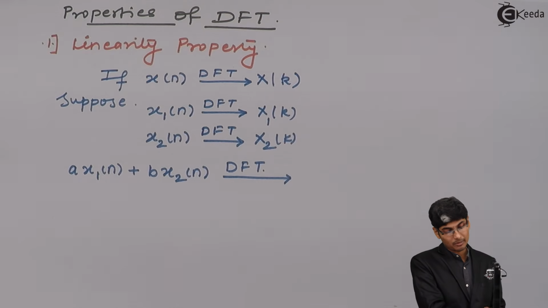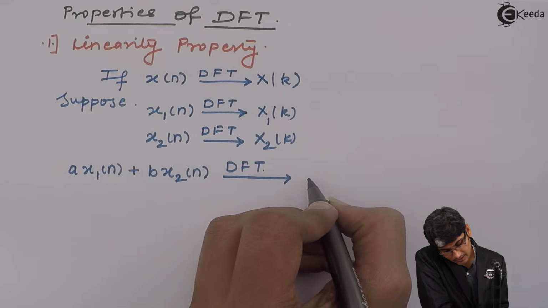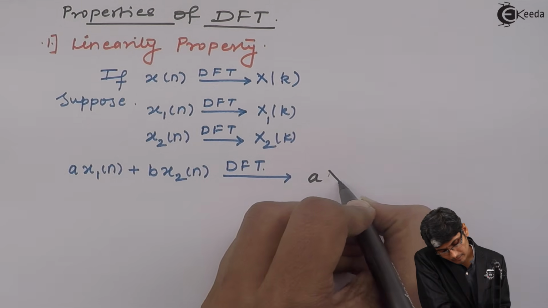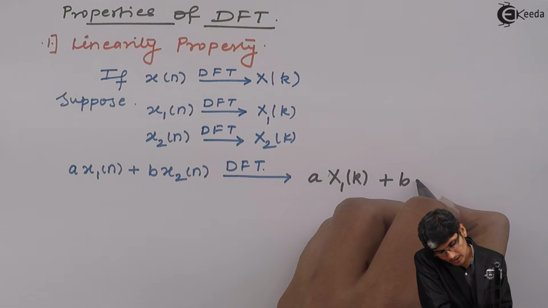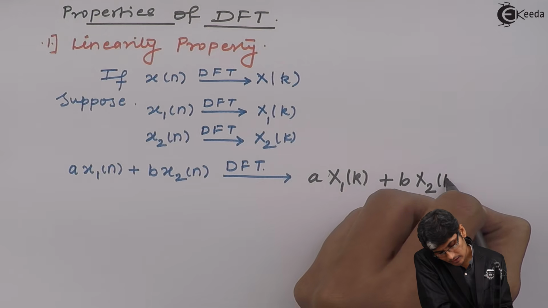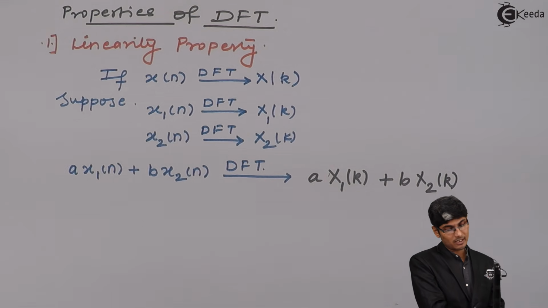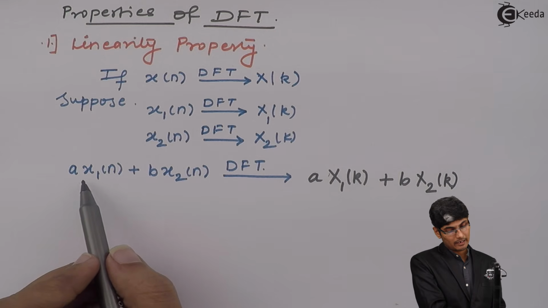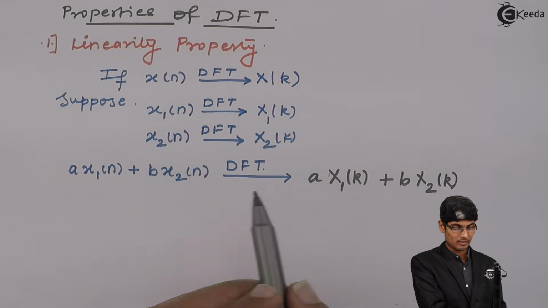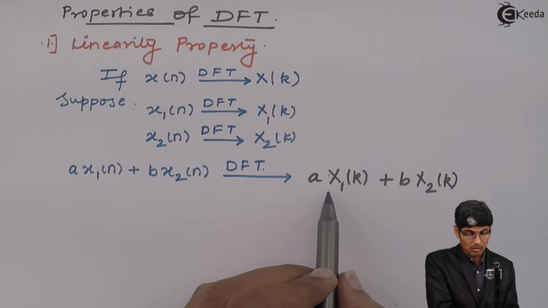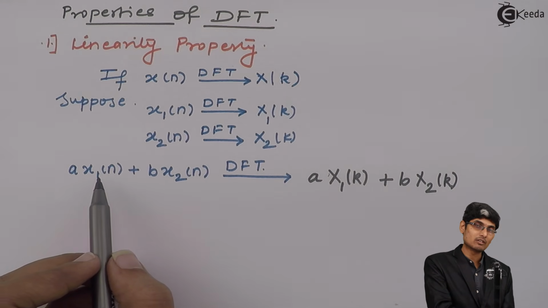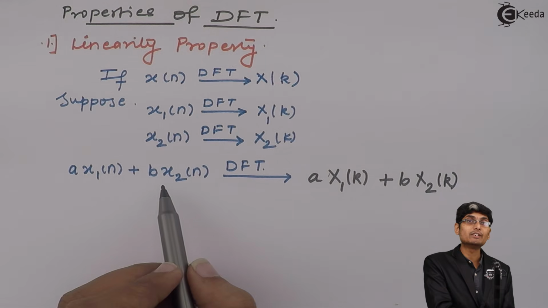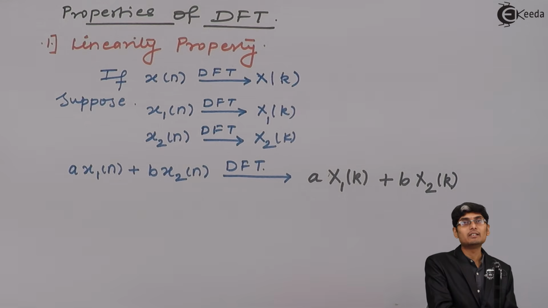The linearity property says that its DFT is a x1 of k plus b x2 of k. That means a, which is a scaling factor or a constant, is multiplied by x1 of k, which is nothing but the DFT of x1 of n, plus a constant b multiplied by the DFT of x2 of n.